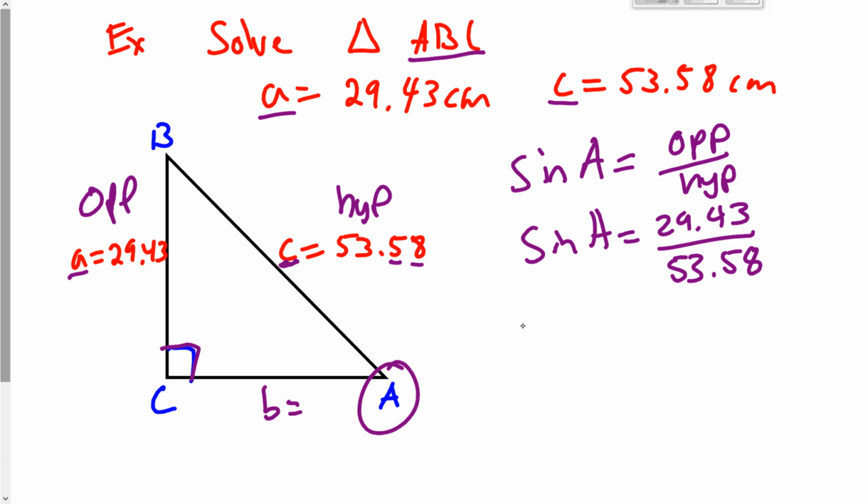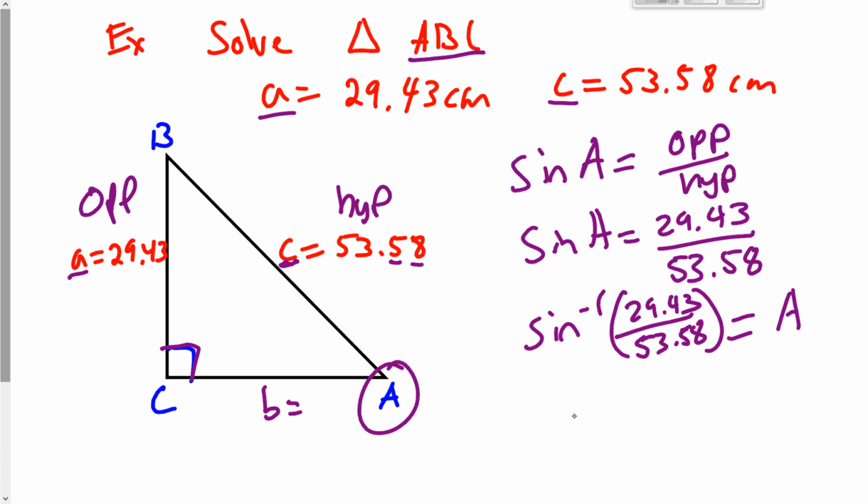Well, here we want to do inverse, so we're going to do sine inverse of our ratio here, 29.43 over 53.58, and that will give us the measurement of angle A. And so that measurement is approximately, right? So here's where significant figures are going to come in handy.